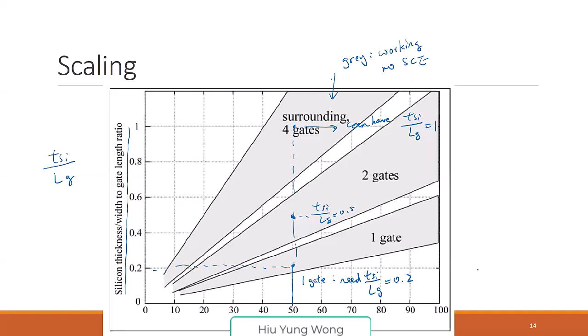For this single-gate transistor, I need to make this really thin. If I have gate length LG, then this is TSI. I need to make it so thin. If I have 2 gates, what does it mean? This is LG. I can make this thicker.